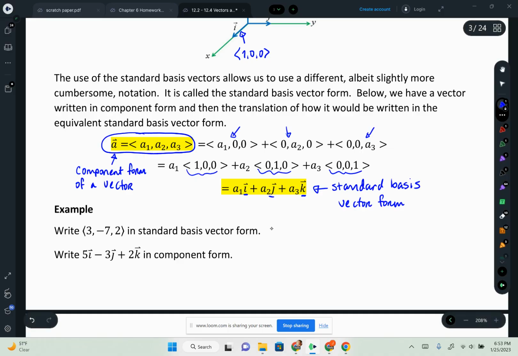So here's what that looks like. 3 i hat minus 7 j hat plus 2 k hat. That's it. It's no more than that, okay?